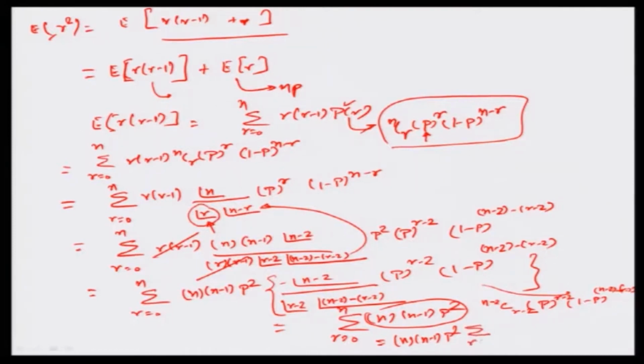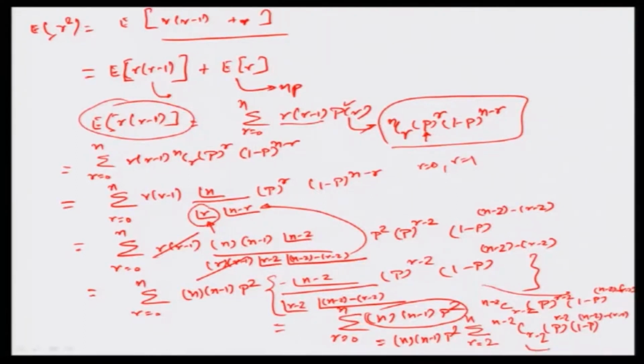r varying between. Now, here is a very important issue that I would like to address. Corresponding to r equal to 0 and r equal to 1, this whole expectation of r into r minus 1 seems to be 0, okay, because there is an r into r minus 1 term here. So, I can say that r varies from 2, and n minus 2 c r minus 2 p to the power of r minus 2 times 1 minus p to the power of n minus 2 minus r minus 2.